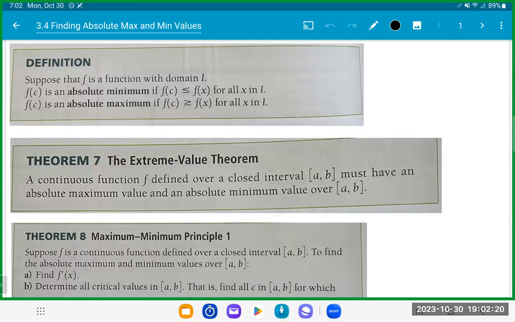So in this section, we're going to expand upon that. Now we're going to look for absolute maximum and minimum values, right? Previously we looked at all of the other things like the domain and the range.